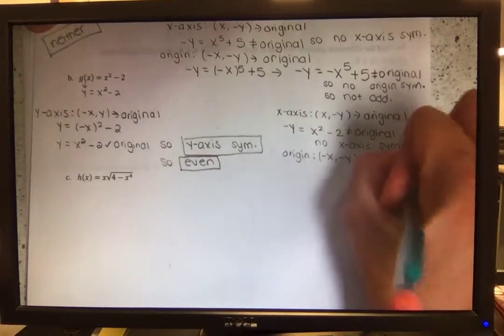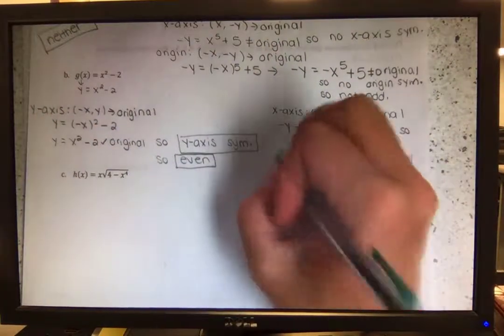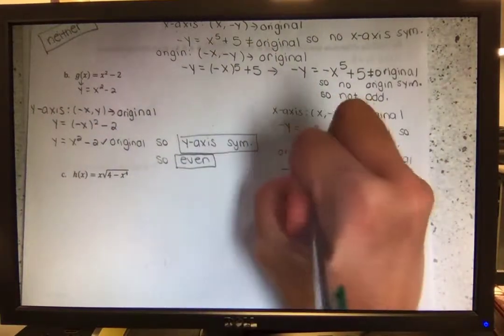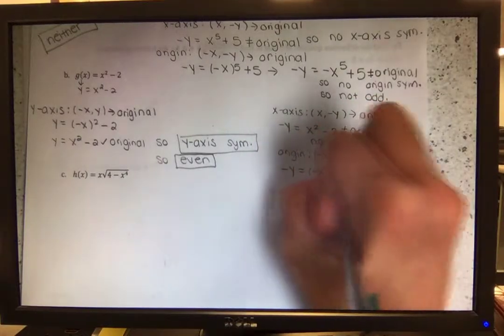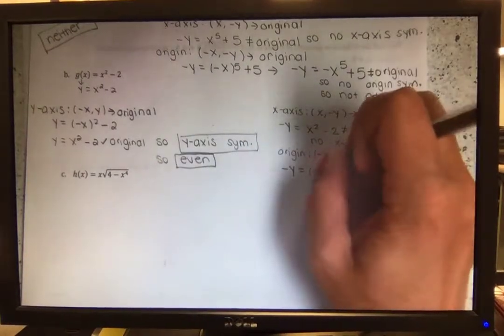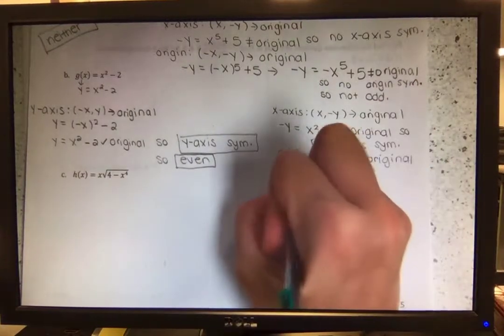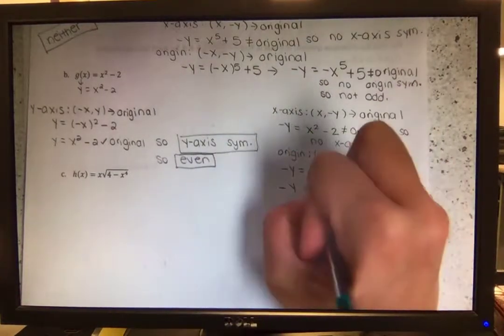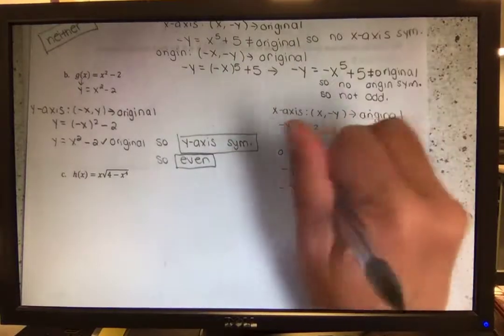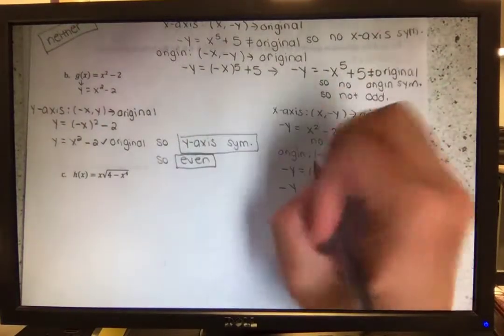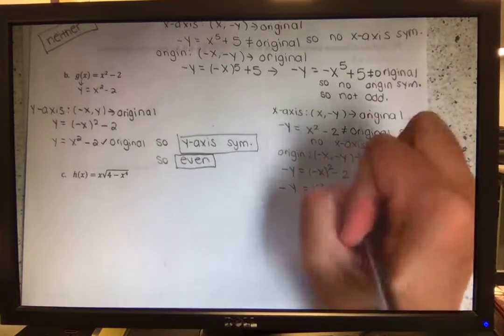For origin symmetry, we're going to plug in negative x and negative y. So negative y equals negative x squared minus 2. I can't do anything to get rid of that negative in front of the y, so it's going to stay negative y equals negative x squared. So negative x times negative x is positive x squared minus 2.